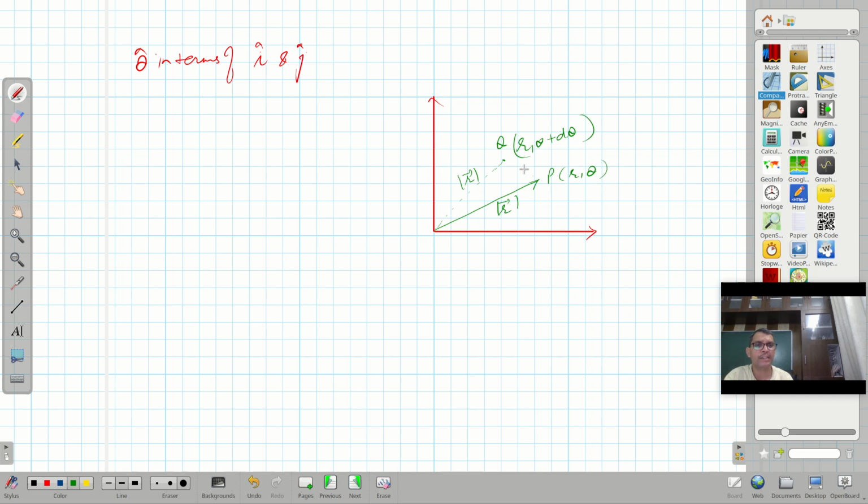Because when the particle goes from here to here, this angle is theta and the whole angle is theta plus d theta. So theta is changing from theta to theta plus d theta, right? And if I draw a perpendicular from this point, this distance is x and this is y.